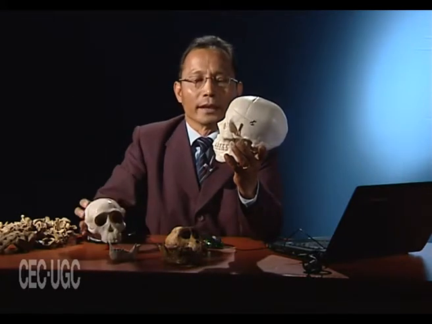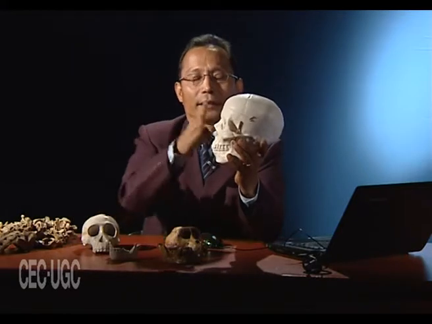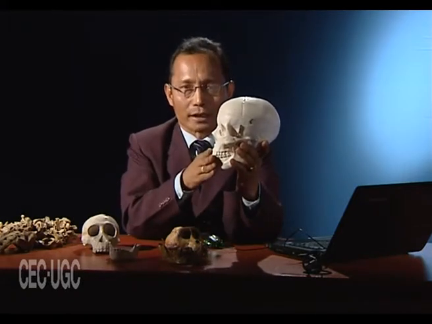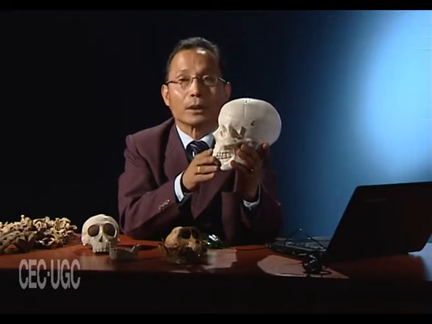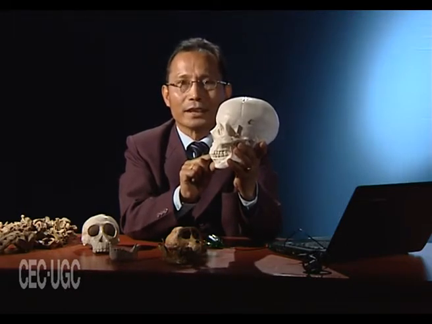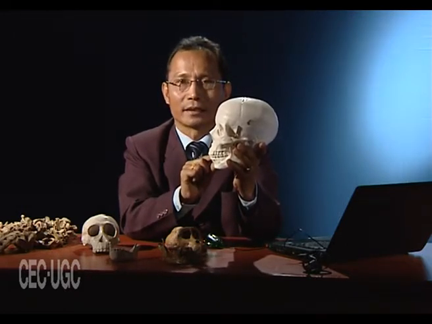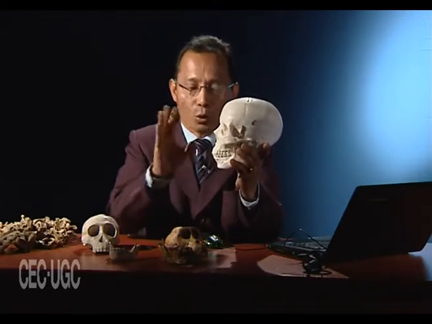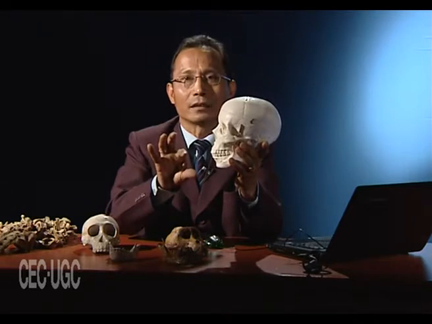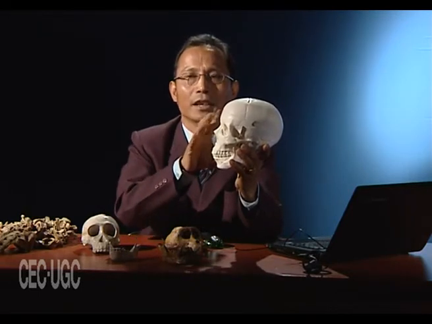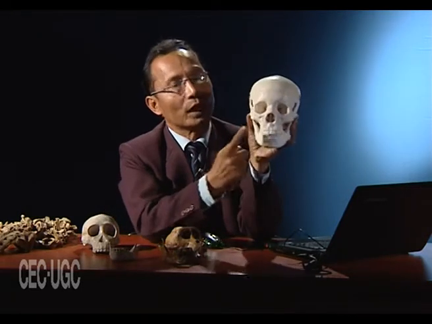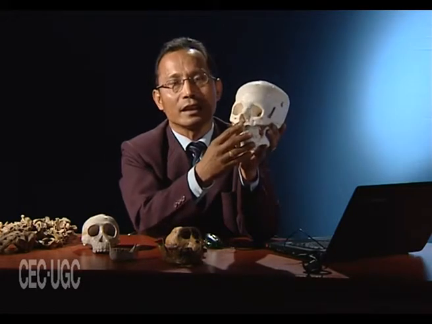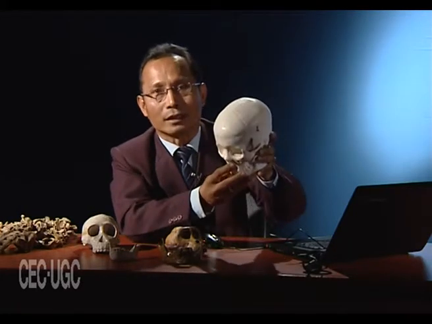So here it is more or less vertical. Why? It is because the jaw is smaller in size as well as it recedes. So when the jaw comes out like this, the center of gravity changes from the middle to the frontal side. So it naturally tends to droop down like this.